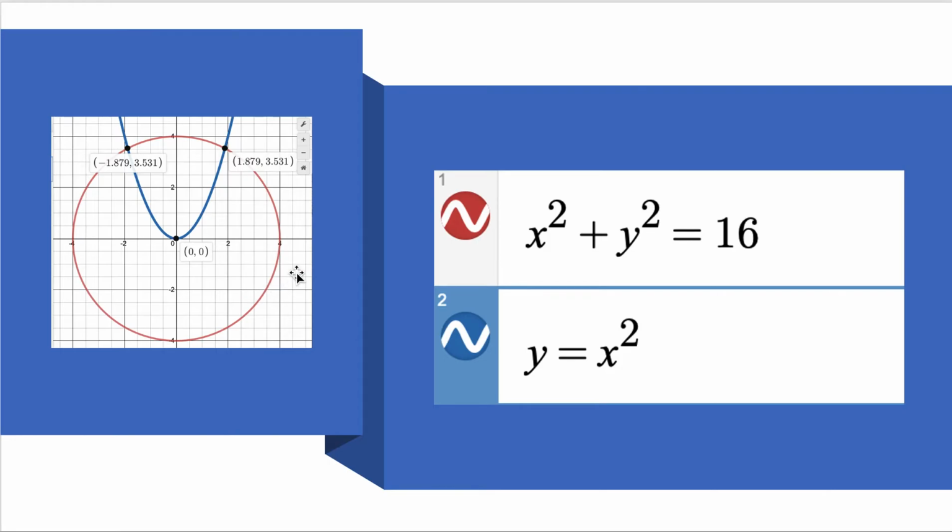Case 3, we have the case when we have 2 intersections between the parabola and the circle. For instance, if the parabola is somewhere in this region, it can have just one, or it can be, for example, a parabola like this, in this form.